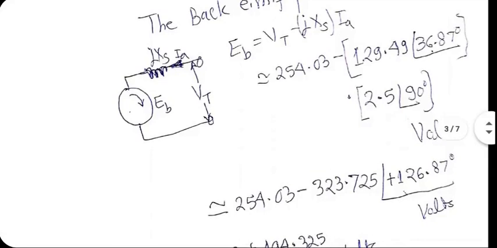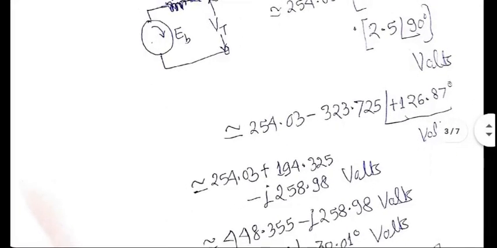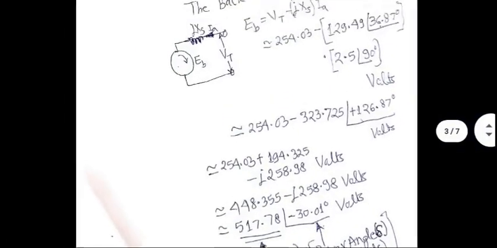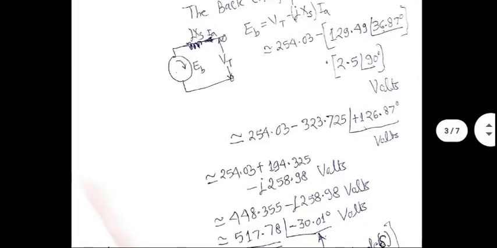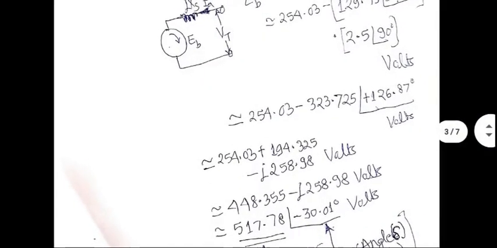Okay, so the answer for back EMF after all these long calculations are completed is very surprising actually. 517.78 volts with minus 30.01 degree.